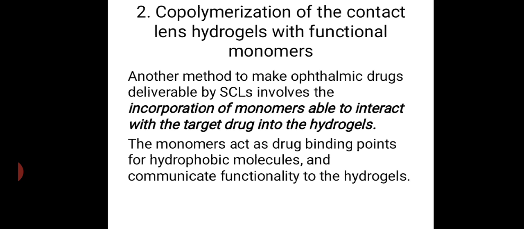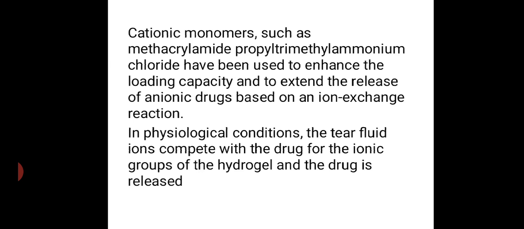So this will hold the drug molecule in the monomers, and these monomers themselves can act as a depot for release of the drug. Especially cationic monomers such as methacrylamide are used to enhance the loading capacity and extend the release of anionic drugs through ion exchange reactions.